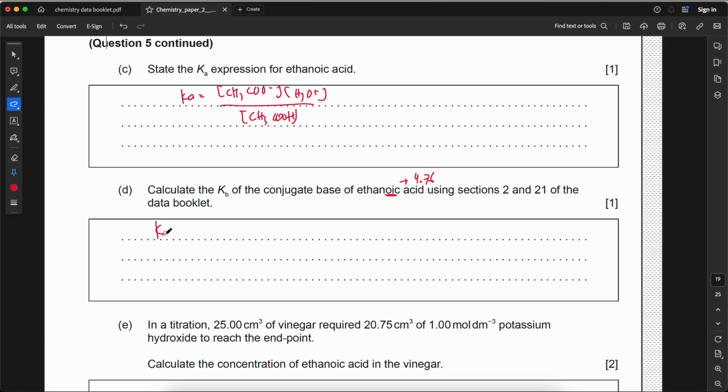So Ka is 10 to the power negative pKa, and you've got 1.7 times 10 to the power negative 5. You know the equation, Ka times Kb equals Kw. This one is 1 times 10 to the power negative 14, and we know Ka is 1.7 times 10 to the power negative 5 times Kb. So Kb would be 5.8 times 10 to the power negative 10.